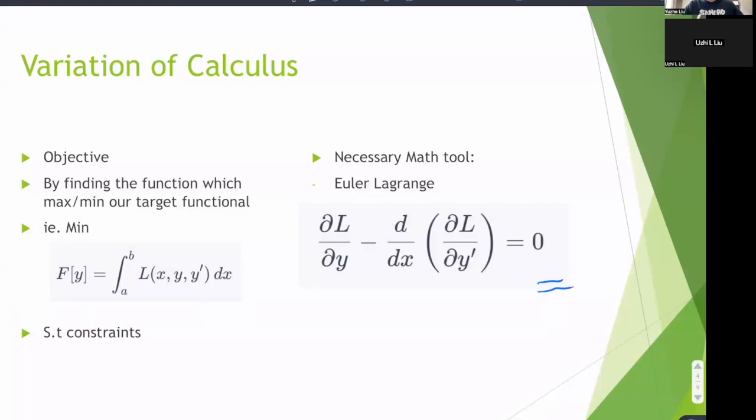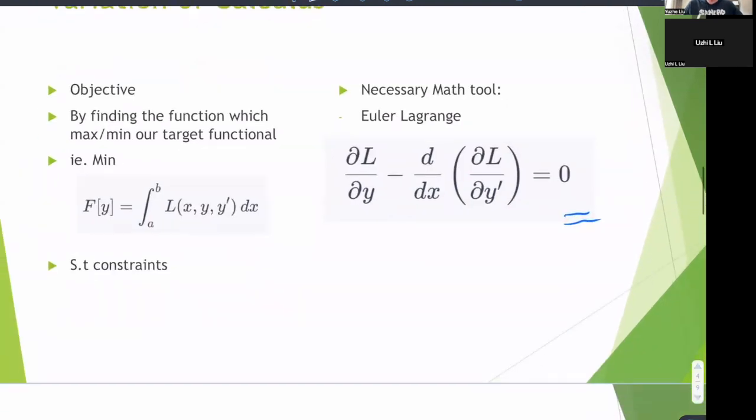By solving the system of equations, we will have our final answer, u star of x, and this function is the optimizer for our functional.